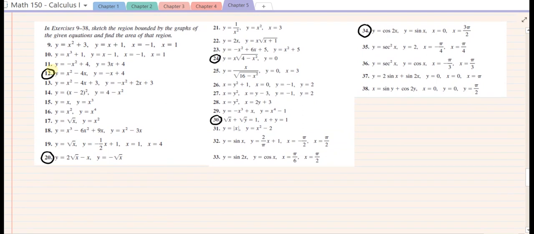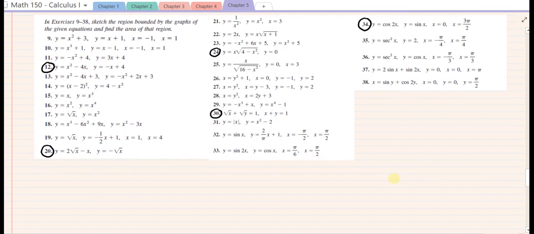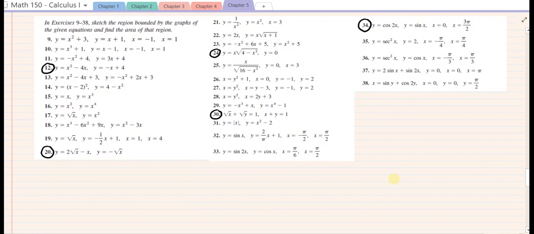And for all of these, if we can graph the region, I really recommend it, because without a visual of the region, it's very difficult, if not impossible sometimes, to recognize the limits of integration and see how these functions interact together. Sometimes they cross over at more than one place, so we really need to graph these accurately in order to set it up correctly.